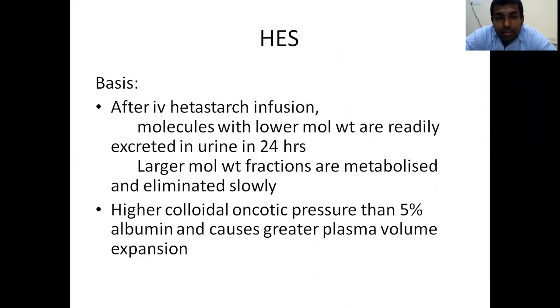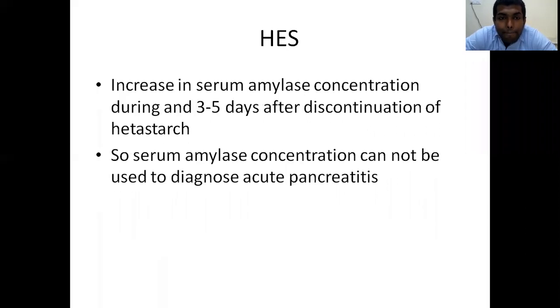Now, after you give hetastarch, molecules with low molecular weight are excreted in the urine in the 24-hour duration. Large molecules are eliminated slowly. High colloidal oncotic pressure, that is more than 5% albumin, causes greater plasma volume expansion.